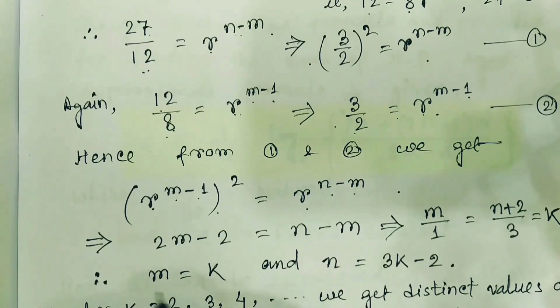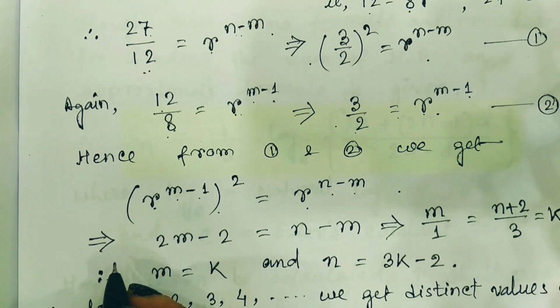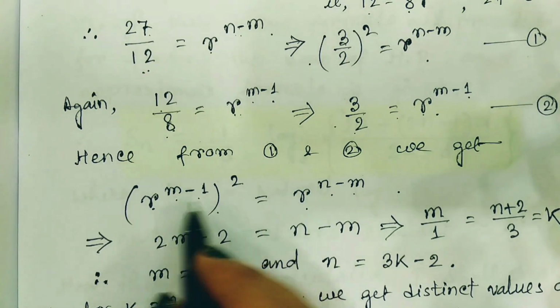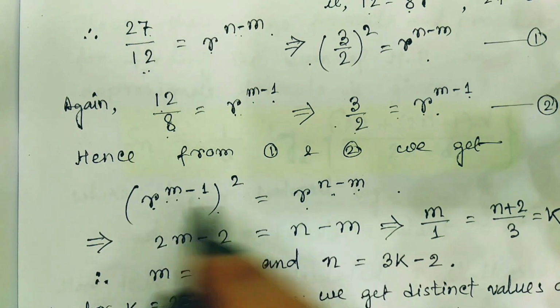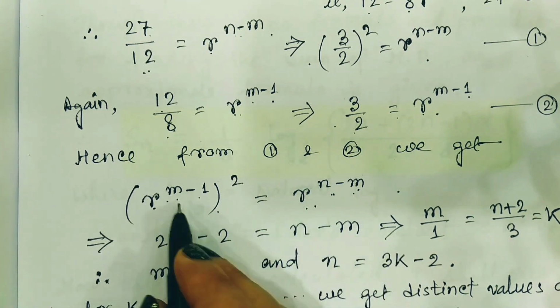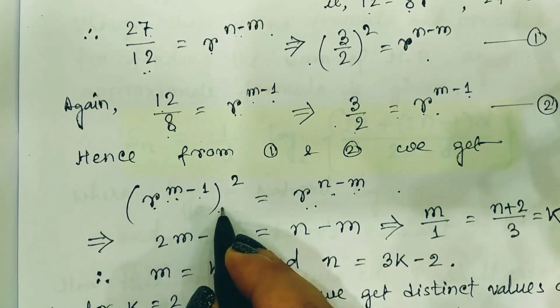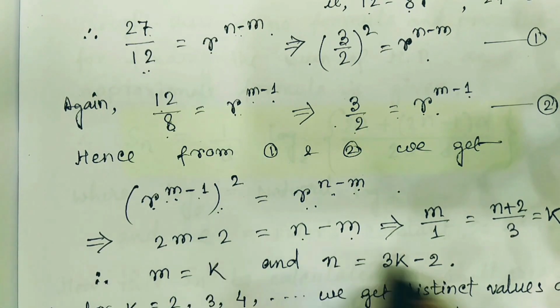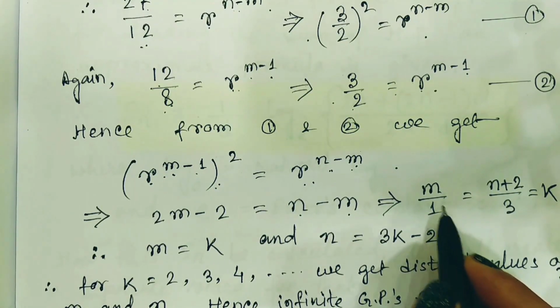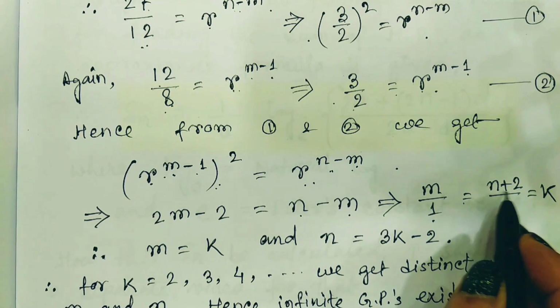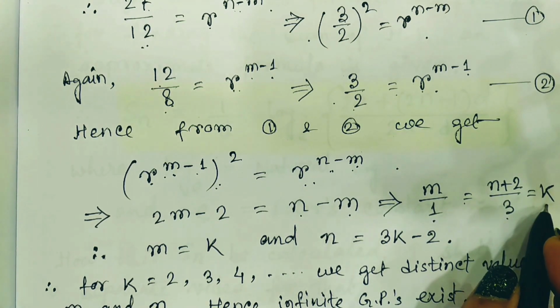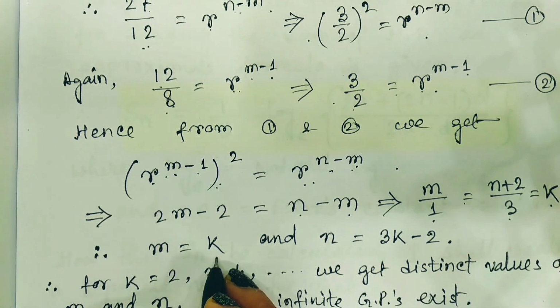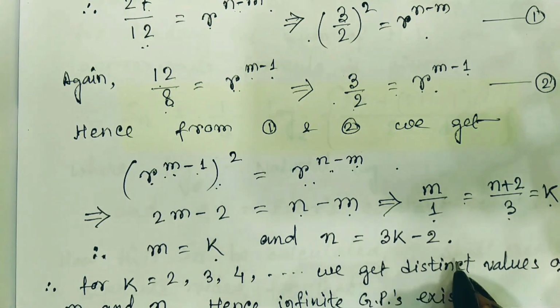If we simplify, we just equate the powers because both are r. So the power is 2m minus 2, and it is n minus m. On simplification, it gives us m by 1 equals (n plus 2) by 3 equals k. That implies m should be k and n should be 3k minus 2.